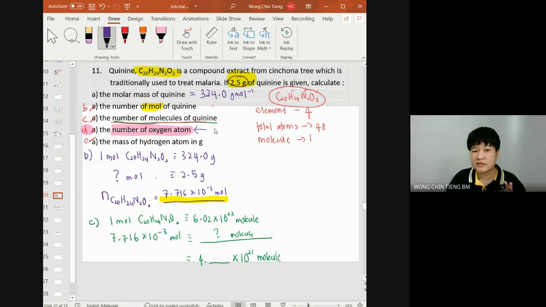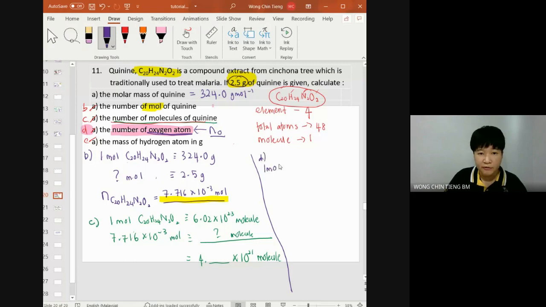Nak dapat oxygen atom je, sebelum tu kena ada? Azri? Number of mole oxygen. Number of mole untuk oksigen sahaja. Betul? Tu je. Nak dapat dia, cari number of mole dia dulu. So D, cari number of mole oksigen dulu.